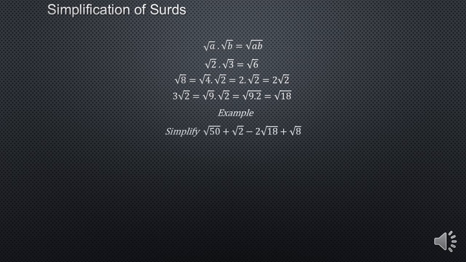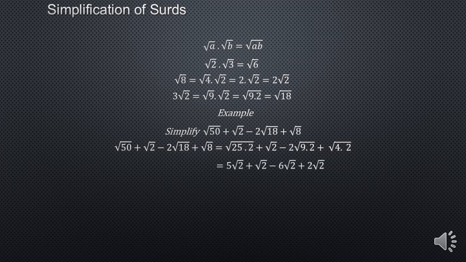Let's have an example of simplification. I have root 50 plus root 2 minus 2 root 18 plus root 8. Root 50 is the same as root of 25 times 2, plus root of 2, minus 2 root of 9 times 2, 18 being equal to 9 times 2, and 8 is equal to 4 times 2. So we could split it again.